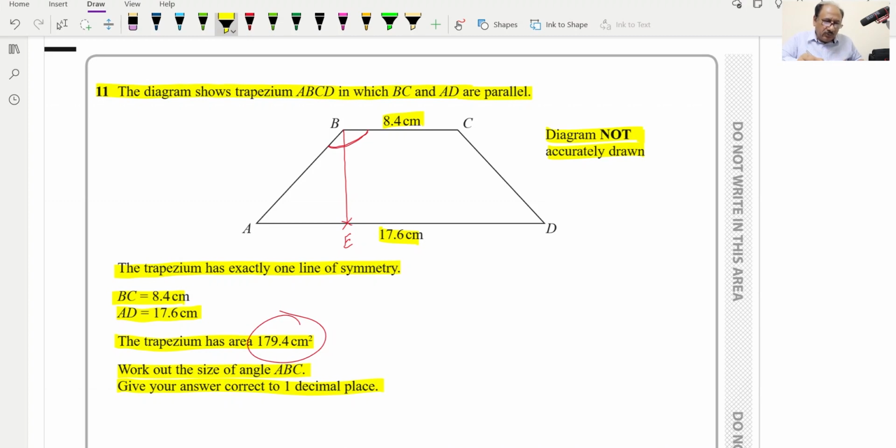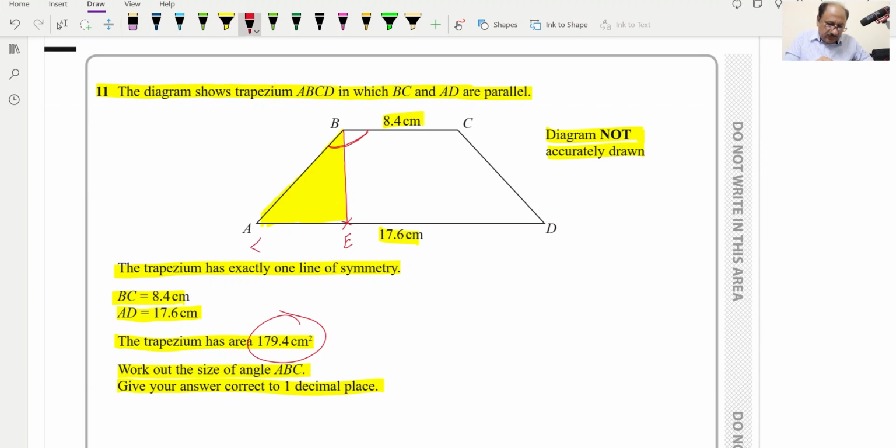So to calculate BE, we can consider this shaded triangle, and we can find AE.